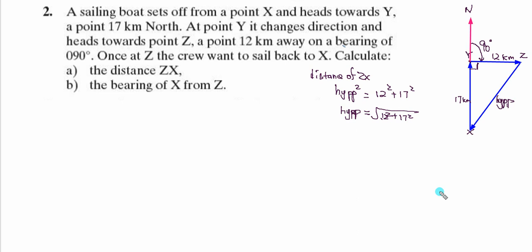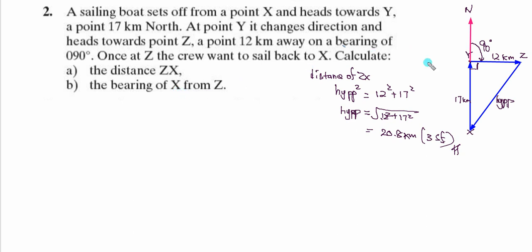So it's 12 squared plus 17 squared. The square root gives you a value of 20.8 to 3 significant figures. So this is 20.8 km, to 3 significant figures. So this is the answer for part A.